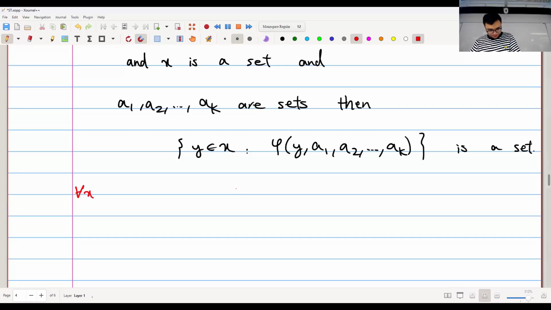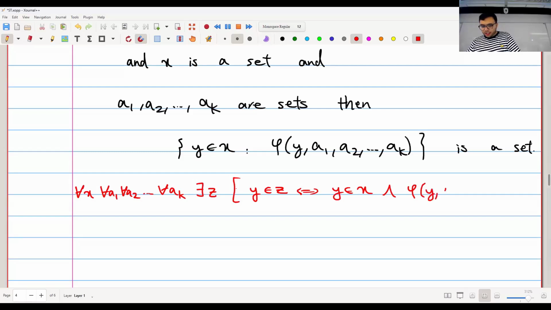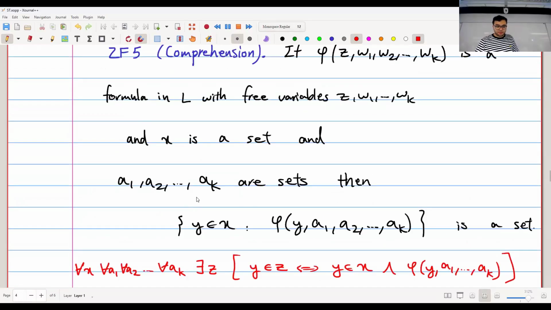I'm saying for every X, and for every A1, for every A2, so on to every AK, there exists a set, let's call it Z, such that y is in Z if and only if y is in X and phi of y, A1 to AK holds. That's the formal axiom.